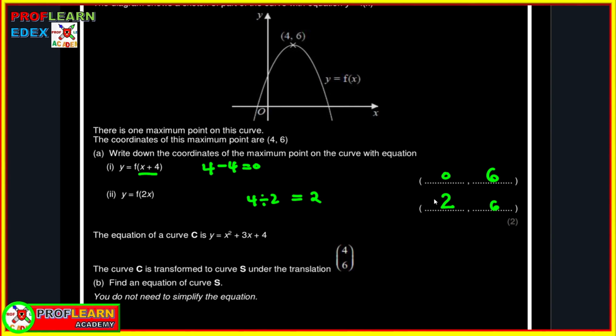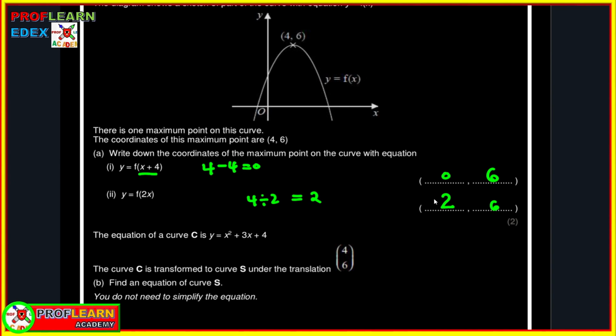The transformation in Roman 1 says x plus 4, so we are going to do x minus 4. Our x is 4 minus 4, we're going to get 0. But in Roman 2, y equals f of 2x, so we are going to say 4 divided by 2, which is going to be 2, because in this you are doing the opposite.